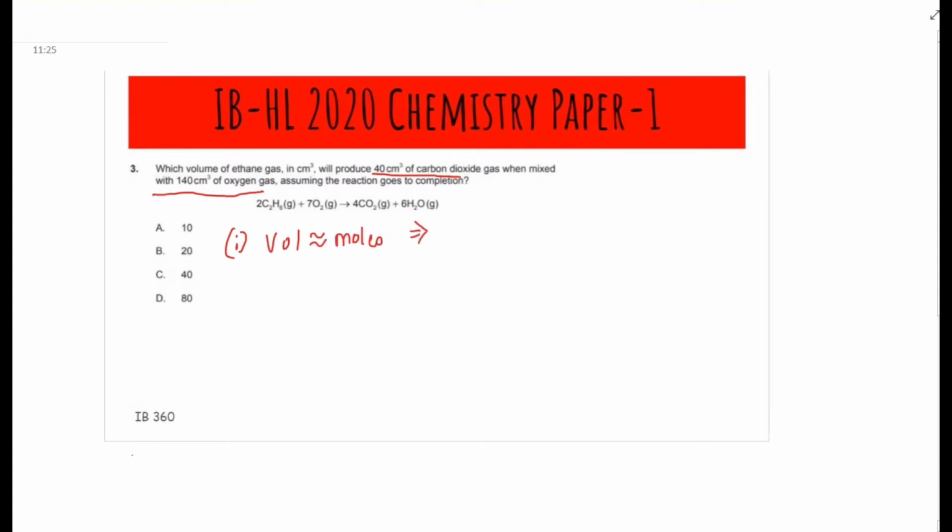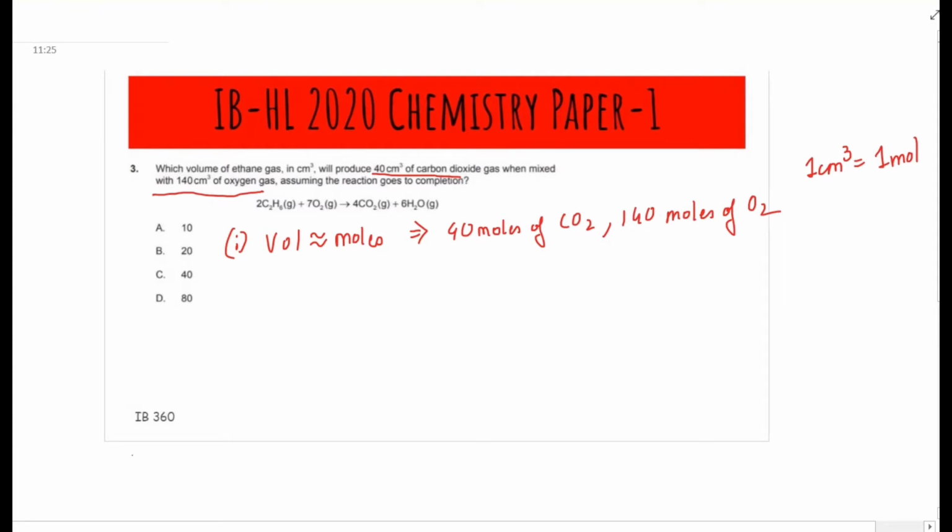So I can write that I have 40 moles of CO2 and 140 moles of O2. We are basically just converting 1 centimeter cube to 1 mole.